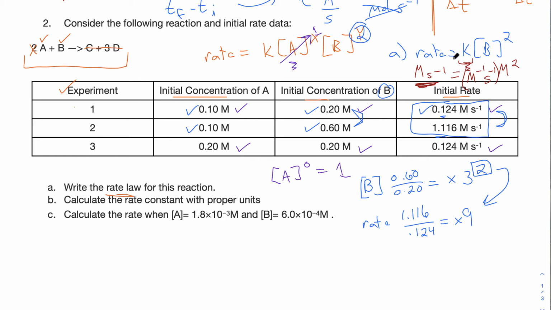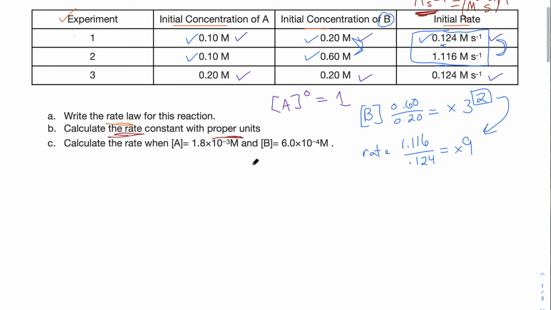The unit for K is going to change for each overall order. It's different for 0th order, first order, second order, third order, etc. So that's the proper units. We'll see that in the calculation of the rate constant right now. So let's do that.